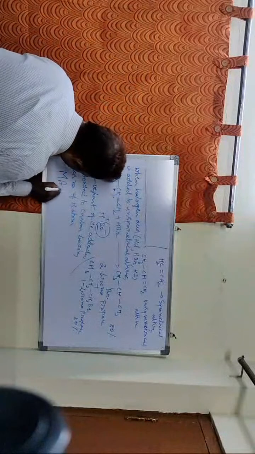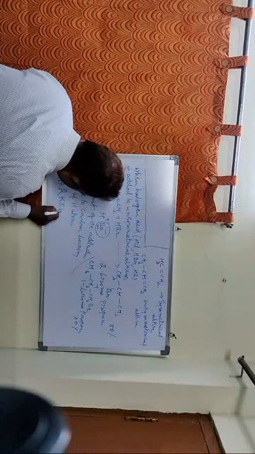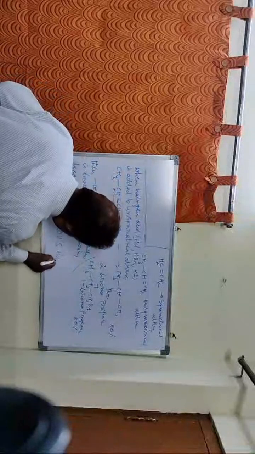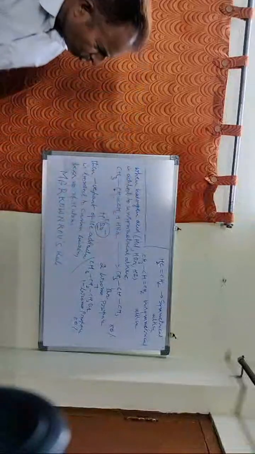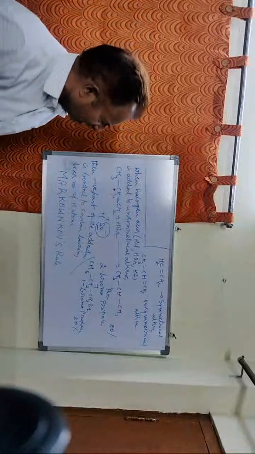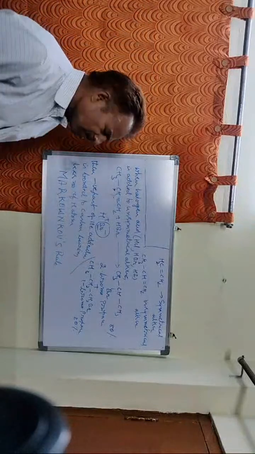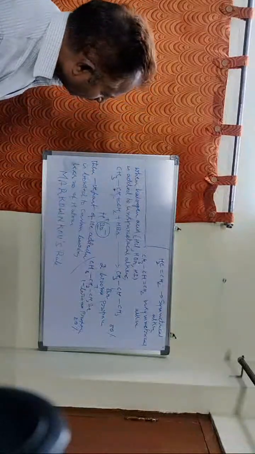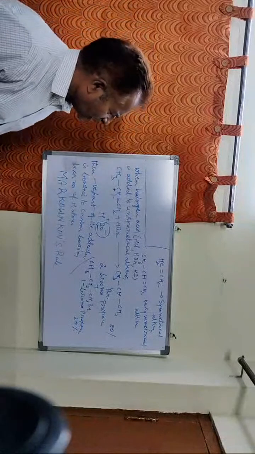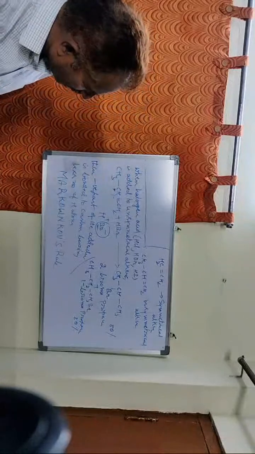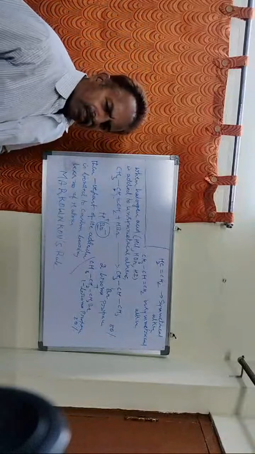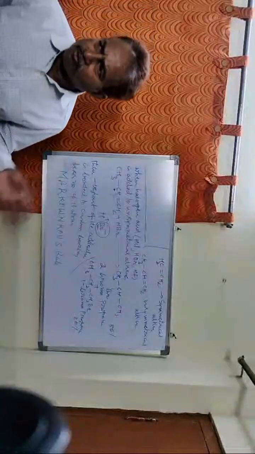So this particular rule is referred to as Markovnikov's rule. This is Markovnikov's rule. Markovnikov's rule states that when hydrogen bromide or halogen acid is added to an unsymmetrical alkene, then the negative part of the addendum is bonded with the carbon bearing less number of hydrogen atoms.